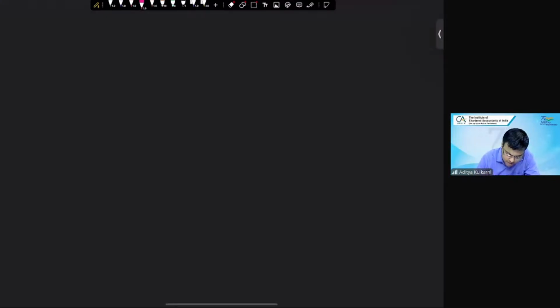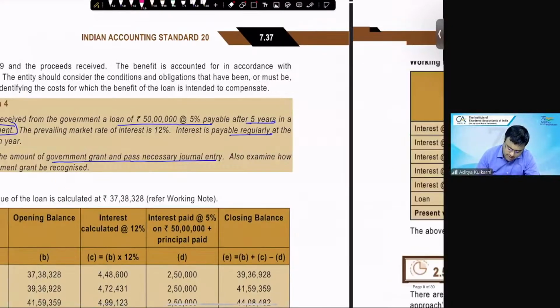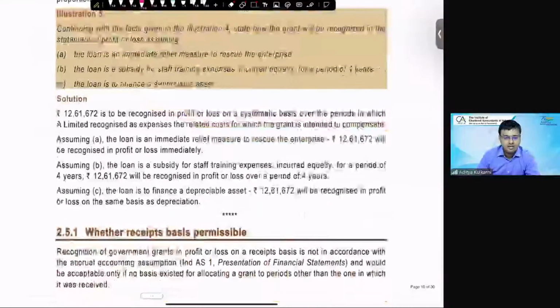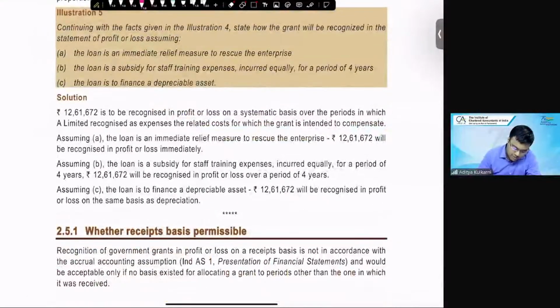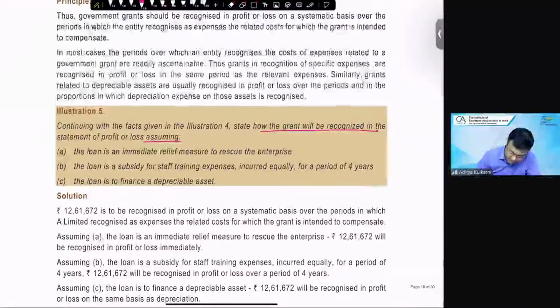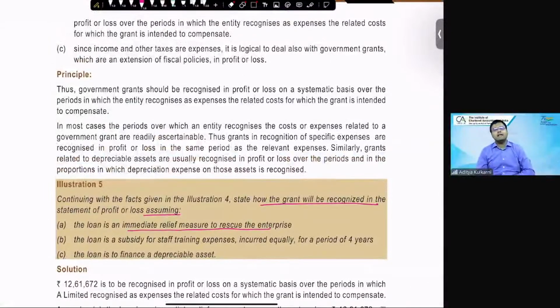Okay. So let us come to illustration 4 ho gaya. I will take you to illustration 5 immediately because it is a continuation of illustration 4. Continuing with the facts, how will the grant be recognized assuming the loan is an immediate relief measure to rescue the enterprise? Immediate relief. So how will I treat it if it is an immediate relief?